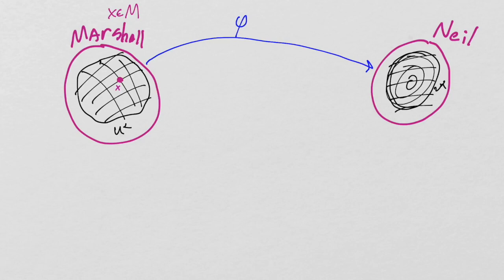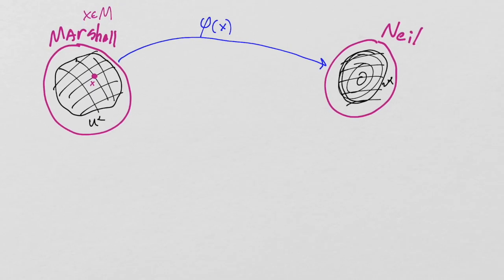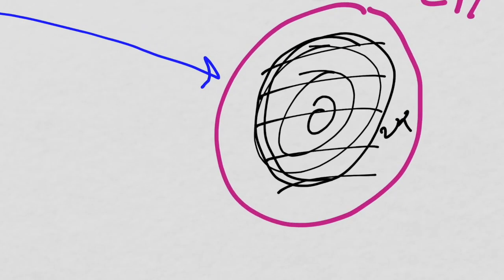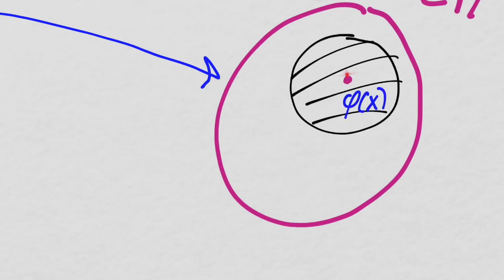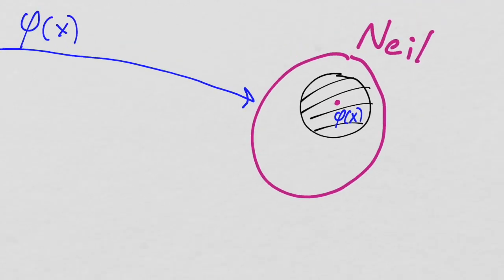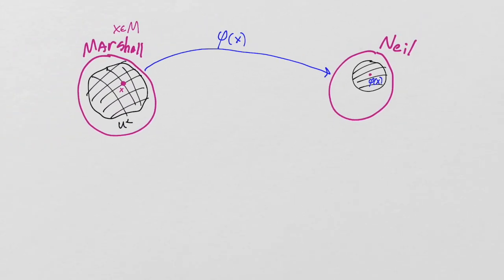If I'm not, then I just say phi is a function of x, or a function of points on Marshall, and it returns elements in Neil. What element in Neil will it return? It will return a point here that we call the image of x, which is a point in Neil. So that's the coordinate-free way of looking at it.